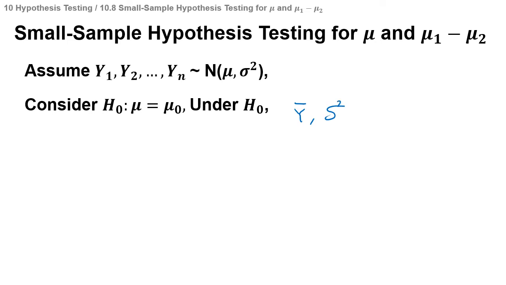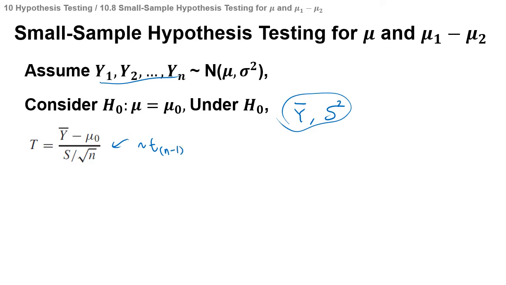That's what we can calculate from the sample y1 to yn. These are sufficient statistics, and with these sufficient statistics, what we can derive is the t distribution. If we define it this way, then we know this follows t distribution with n-1 degrees of freedom.